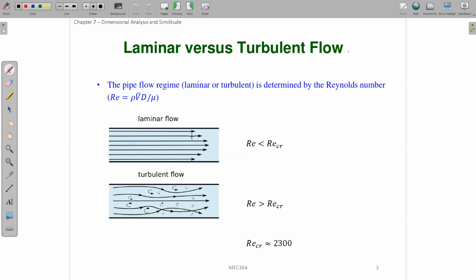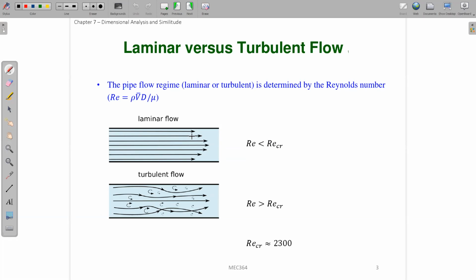Laminar flow happens when the viscous force dominates. Because when the flow is viscous, it's more organized, like your glue, right? They're moving very slowly, and there are no chaotic things happening inside.